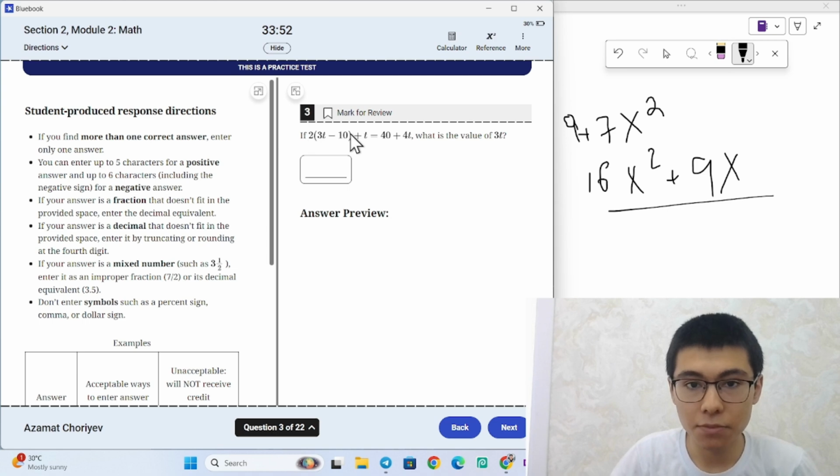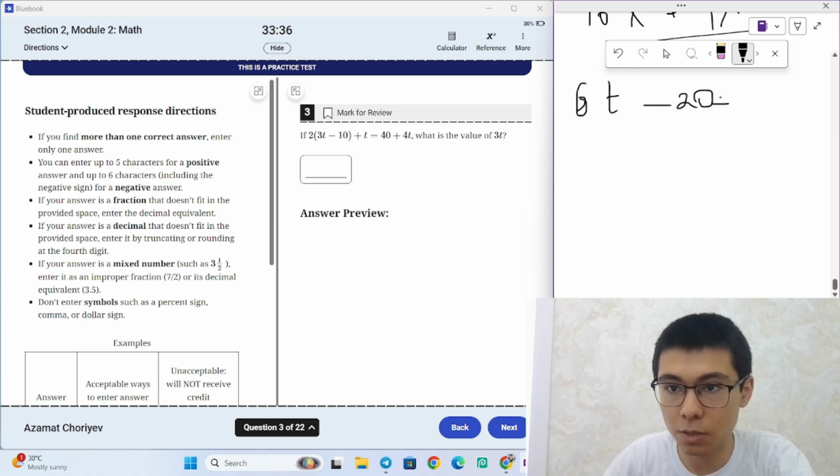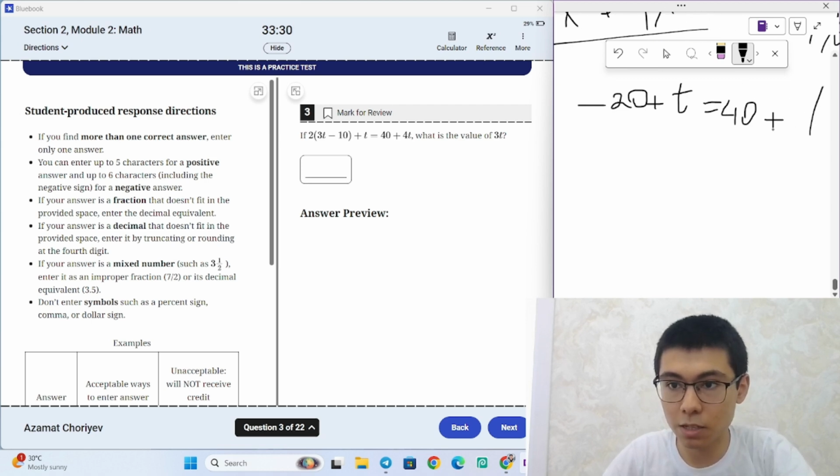Question number 3. If this equation, what's the value of 3t? I'm gonna solve that here on my whiteboard. 6t minus 20 plus t equals 40 plus 4t.